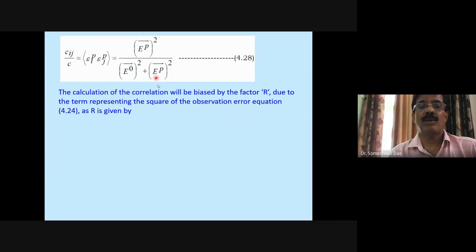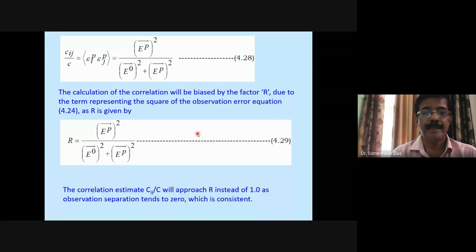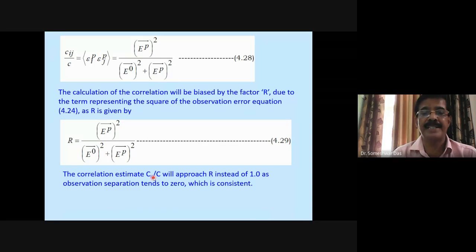The calculation of the correlation will be biased by the factor R due to the term representing the square of the observation error in equation 4.24, and R is given by R equal to the ratio of EPS square divided by EOS square plus EPS square. The correlation estimate Cij divided by C will approach R, will become equal to R instead of 1, as observation separation tends to 0, which is consistent.